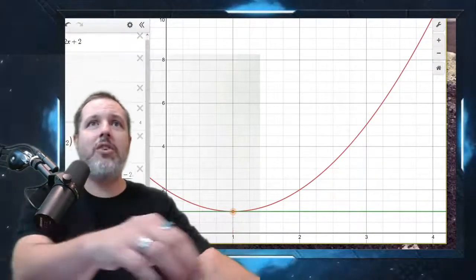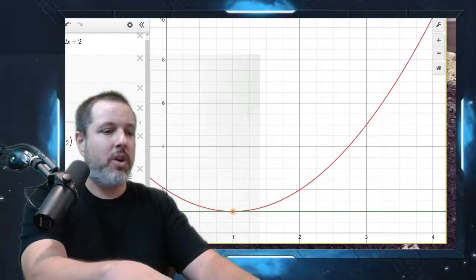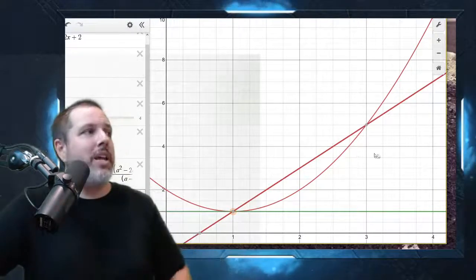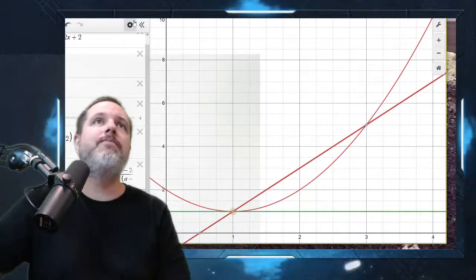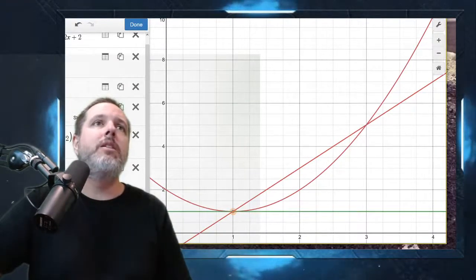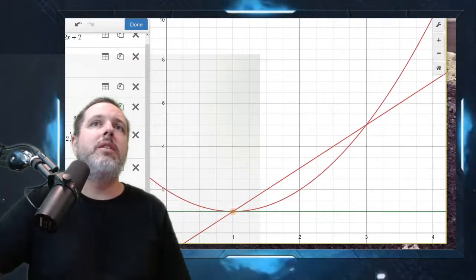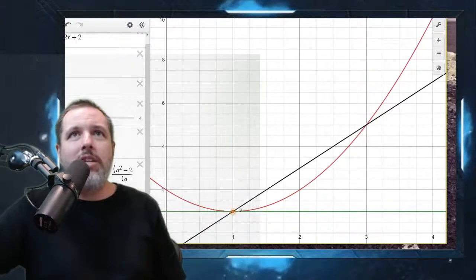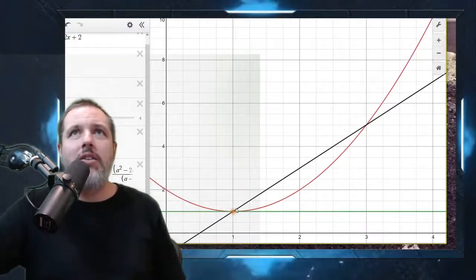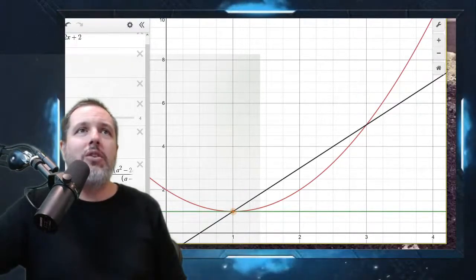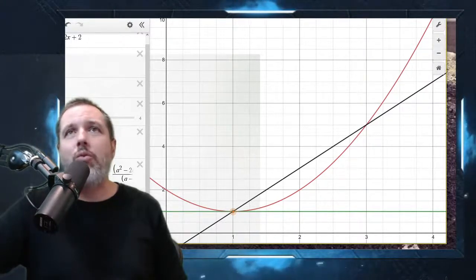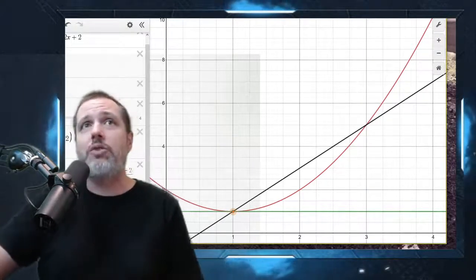So when I say that, in other words, if we had y equals 2x minus 1, like this red line here, let's make it black for the moment. This black line is only touching our function once right here. We could make it so the second point it connects to is far away.